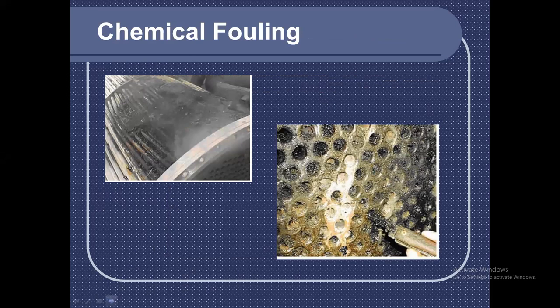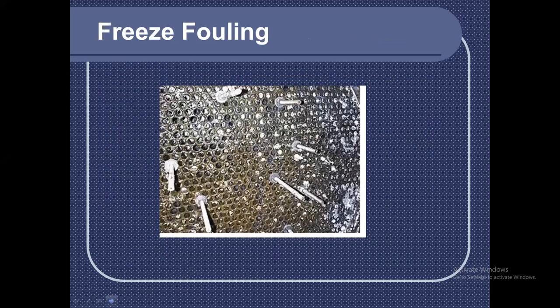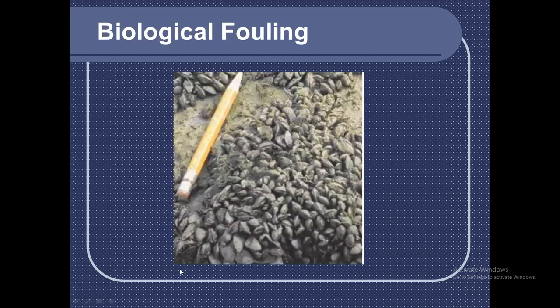This is not common to us here, but in the western part of the globe, where there is freezing and they have winter, there is freeze fouling, as they say. And then we have biological fouling, the growth of microorganisms on the surfaces of our heat exchanger, probably microorganisms that could withstand high temperature.